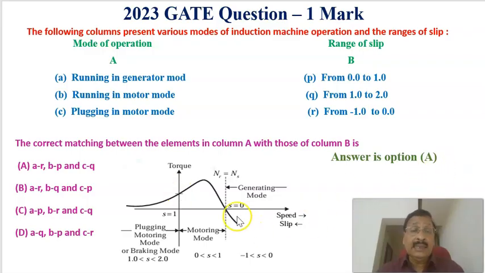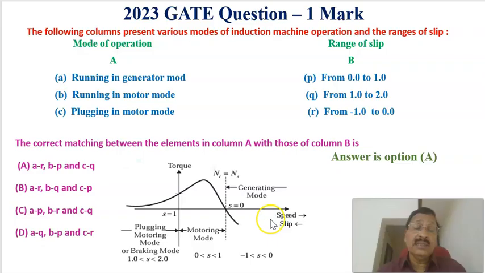Second, here if you see that S is less than 0, that is when slip is -1 to 0. When a negative slip happens, N is more than Ns, because slip equals Ns minus N divided by Ns.